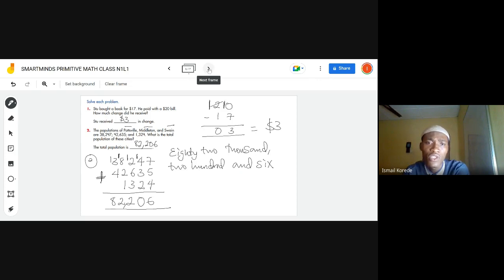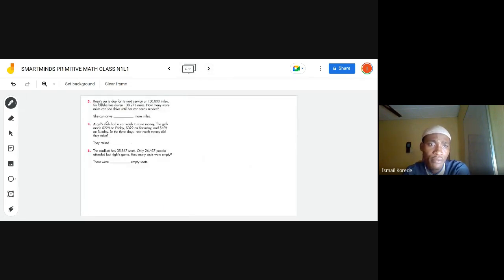So let's move on to the next example, example 3. Rosa's car is due for its next service at 150,000 miles. So far, she has driven 138,271 miles. How many more miles can she drive until her car needs service?